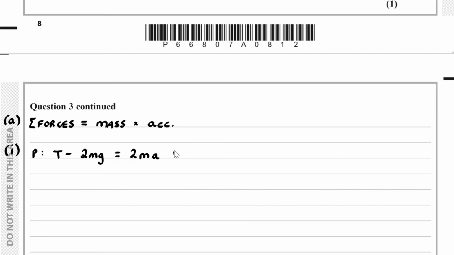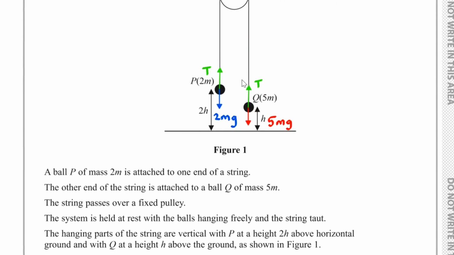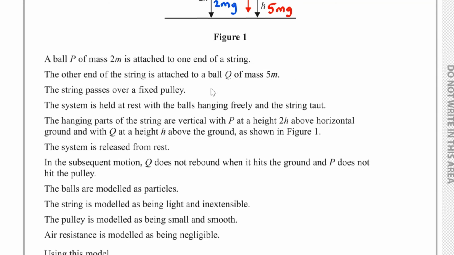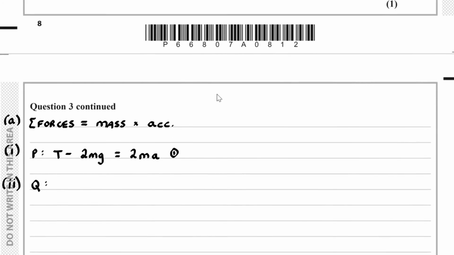We'll call this 1. And if we consider what's going on with Q, we have 5mg minus T. In other words, minus T plus 5mg. This is equal to 5ma. We'll call this equation 2.